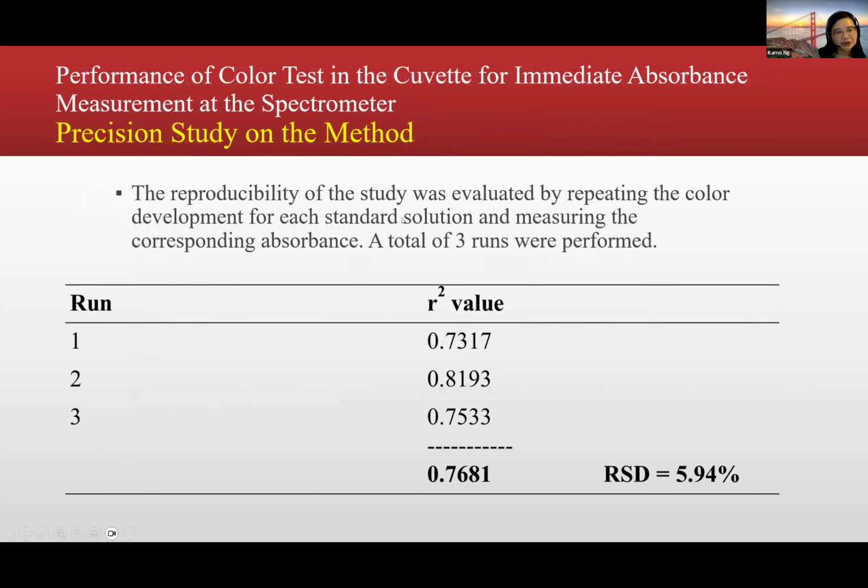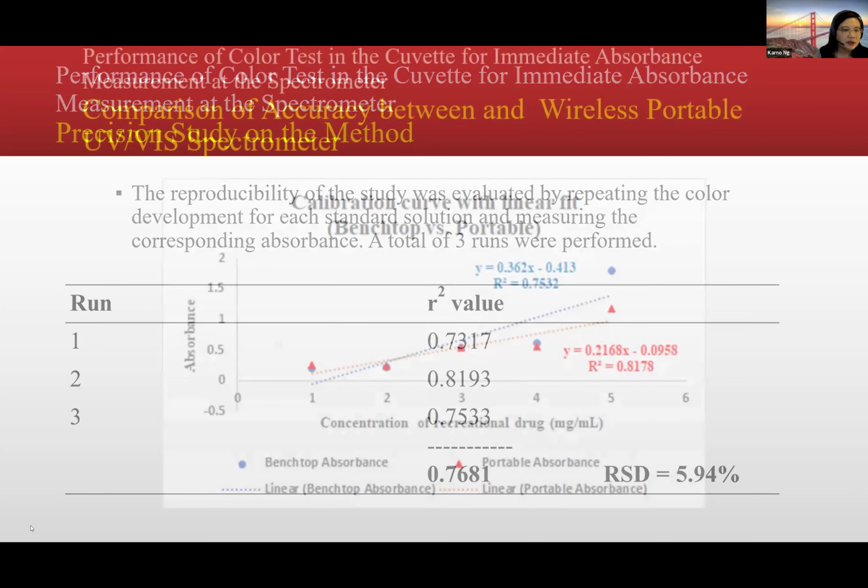We do the calibration curve 3 different times, just to test how precise our measurement is, how repeatable from day to day. As you can see here, we compare the R-squared values from the 3 calibration curves, and the RSD, the relative standard deviation, is reasonable at 5.94%. So it shows that it is repeatable.